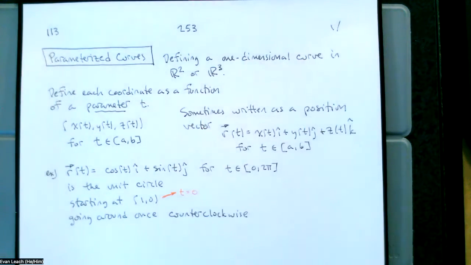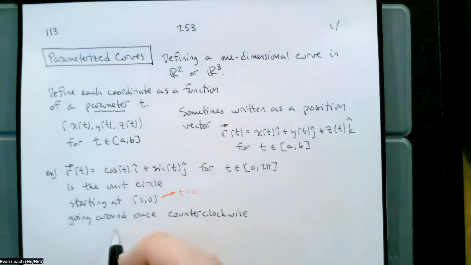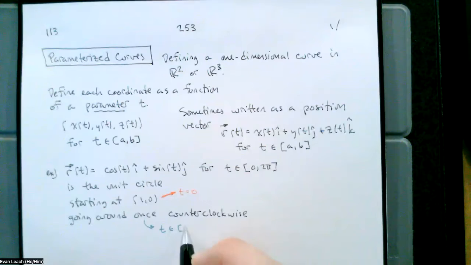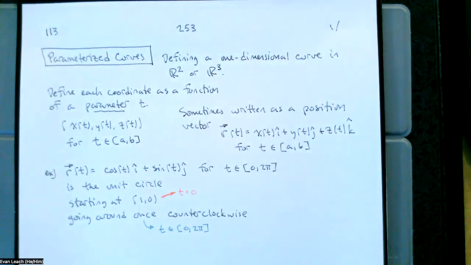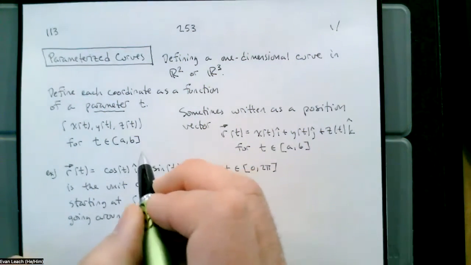It's going around once because we're using all the values of t from 0 to 2 pi. And we notice that the cosine of t and sine of t are both functions with a period of 2 pi.